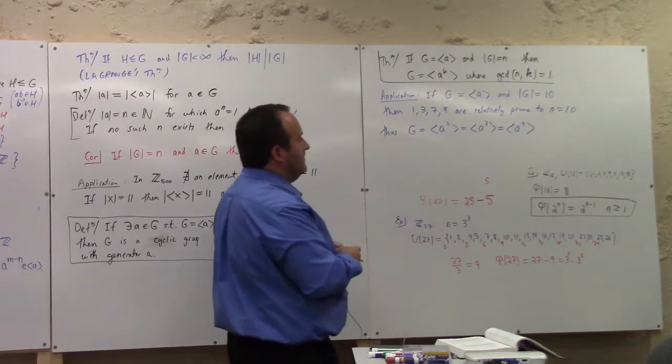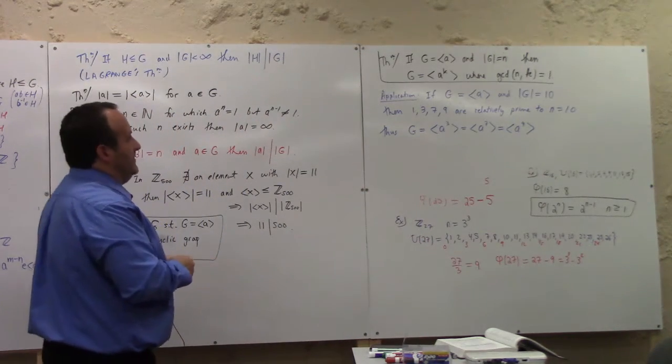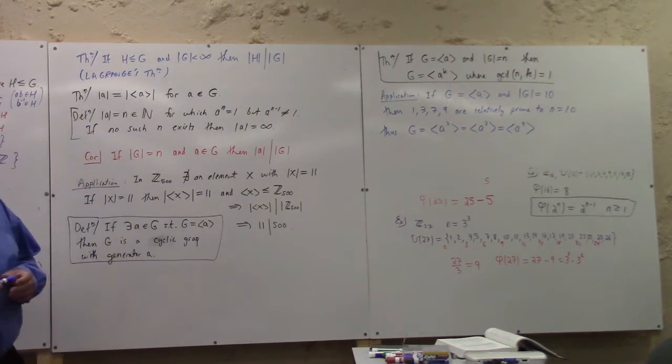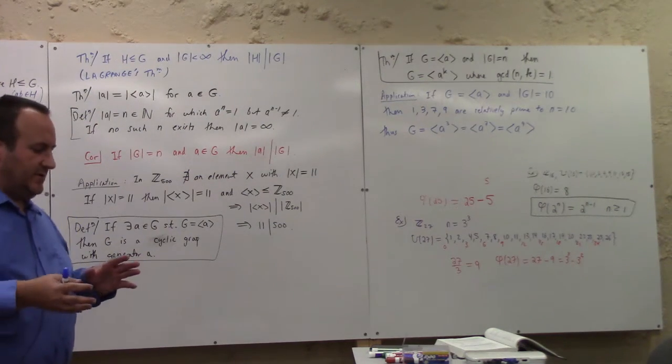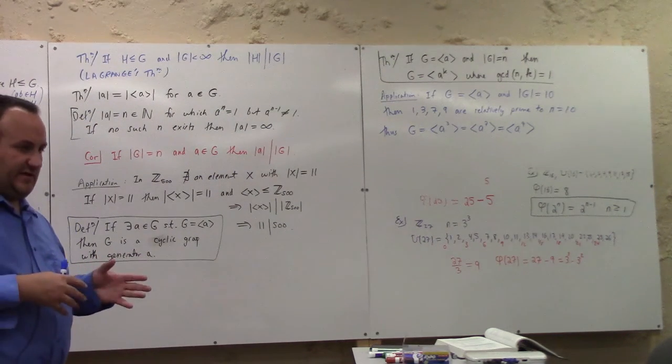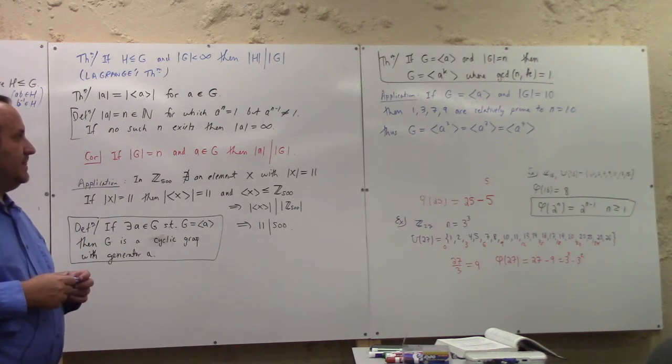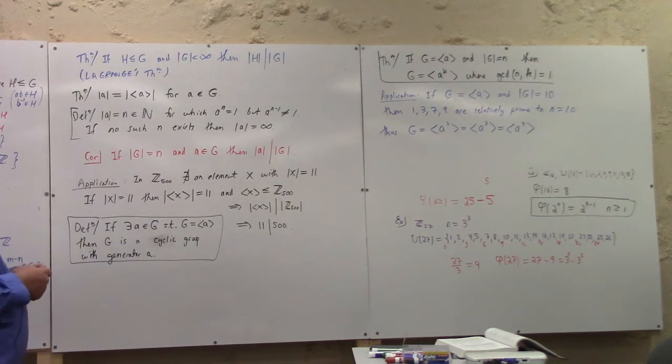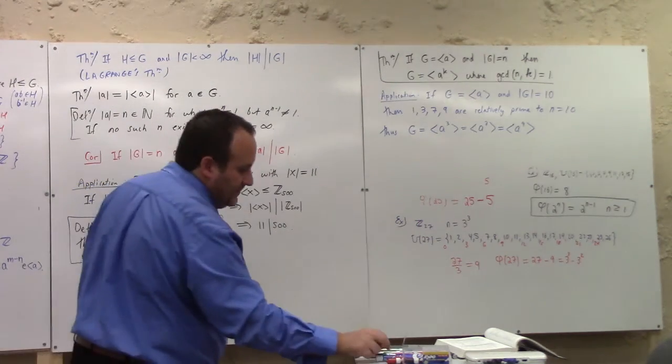All right. So this theorem is very useful if we're trying to understand the different ways we could generate a set. So let me put a corollary here. We could count.